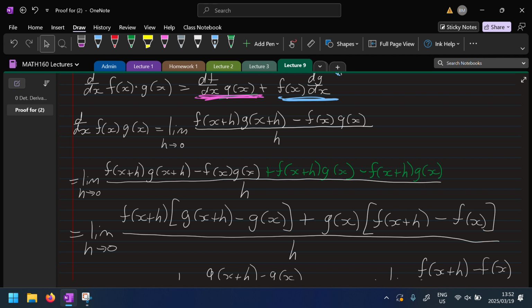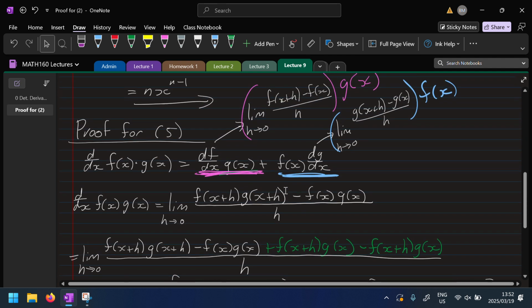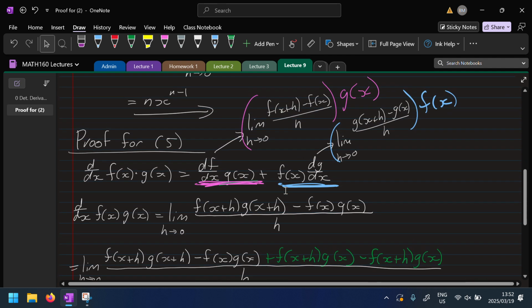Which one comes first? No, you can swap the order. The pink one with the g. Yes, that's going to be this one. I don't understand what you're saying with the order. So this one. Okay, let's go back a bit. This one. Yes.